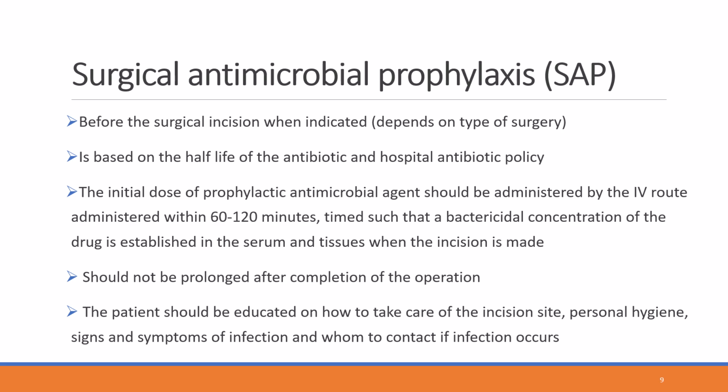The initial dose of prophylactic antimicrobial agent should be administered by the IV route, within 60 to 120 minutes, timed such that a bactericidal concentration of the drug is established in the serum and tissues when the incision is made. It should not be prolonged after completion of the operation.